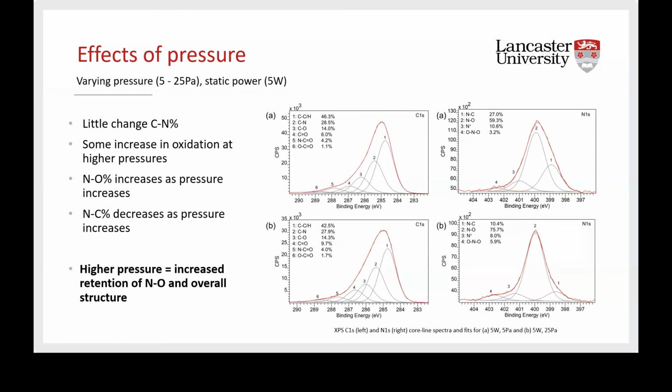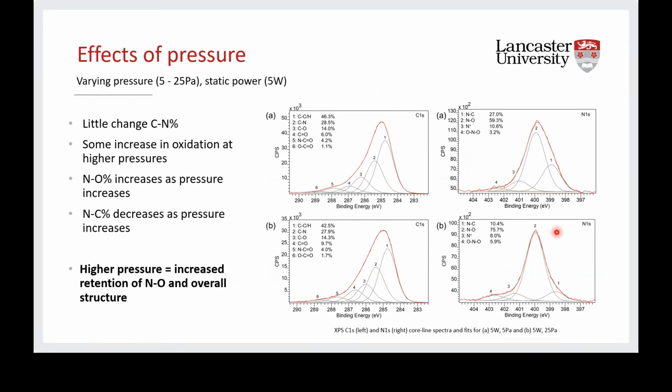If we turn to the effects of pressure, we can see similar changes. Again, this is original data, it's slightly different presentation. Here are carbon spectra, again, towards the center of the screen. It's relatively similar between our pressure ranges. We do have a slight introduction of extra carbon-oxygen species at high pressure. The nitrogen spectra is much more clear again.